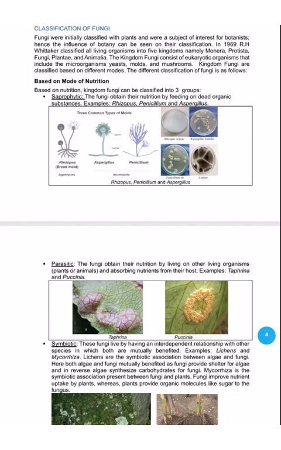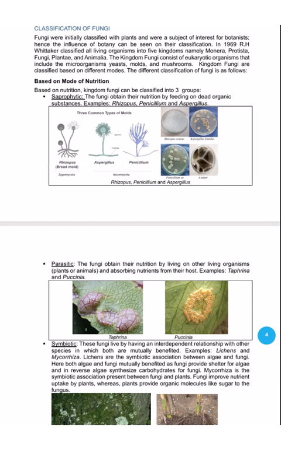So, since that time, the kingdom of fungi consists of eukaryotic organisms that includes three types of fungi: yeast, molds, and mushrooms.